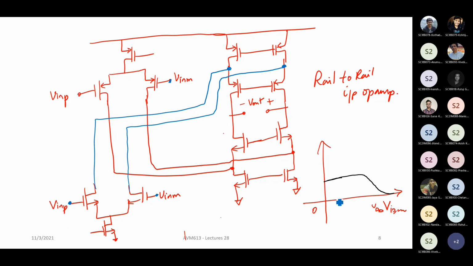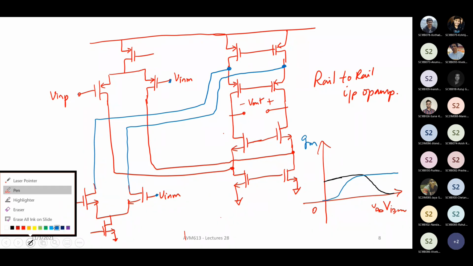So if you calculate the effective GM, let us say this is the transconductance. The black one is the PMOS transconductance, because at lower input common mode voltages, only your PMOS is operational. Your NMOS is completely cut off. And the overall GM is only the GM of your PMOS transistor.